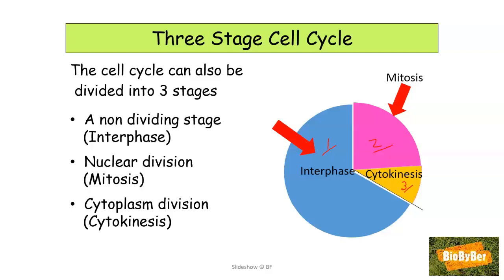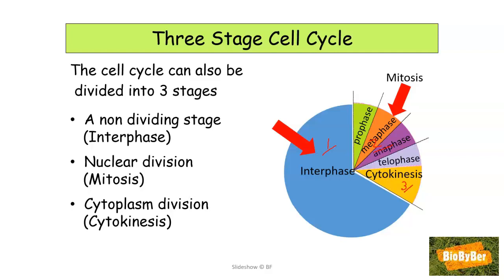You can even go a step further, which I tend to do myself, especially for those of you who are able for a bit more. I can actually say that the cell cycle is divided into 6 stages, because mitosis is further subdivided into 4 separate stages, known as prophase, metaphase, anaphase, and telophase.